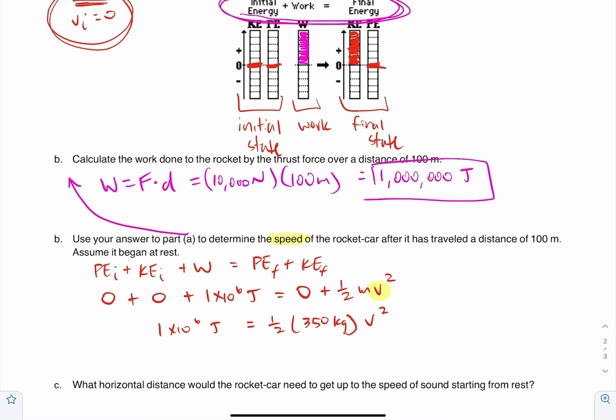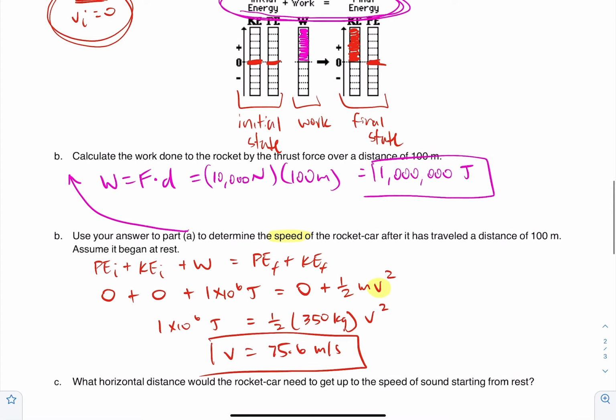So doing the algebra, multiplying both sides by 2, dividing both sides by 350, and then taking the square root, I get that the velocity is going to be 75.6 meters per second. And by the way, that's roughly 150 miles an hour. So the car gains that much speed in only 100 meters.